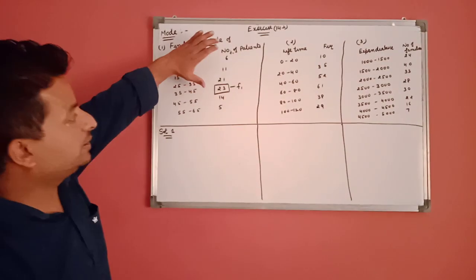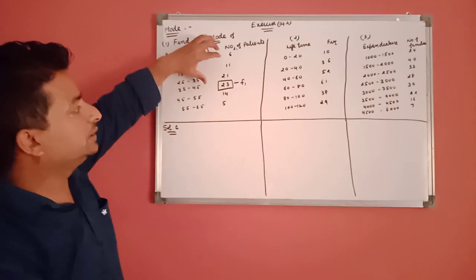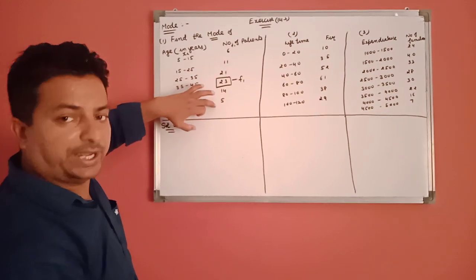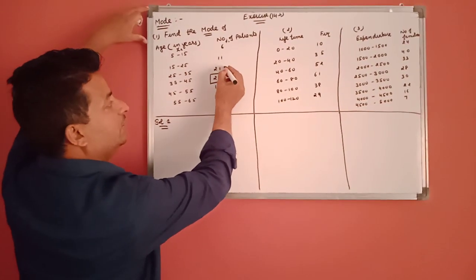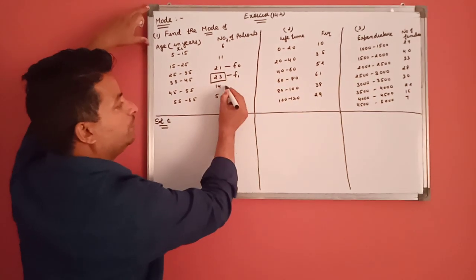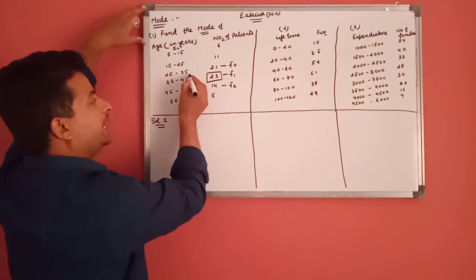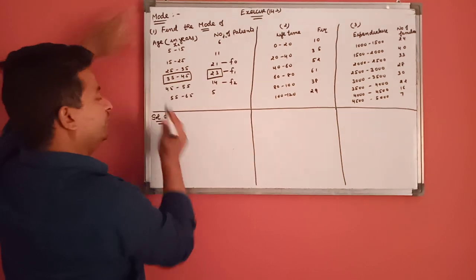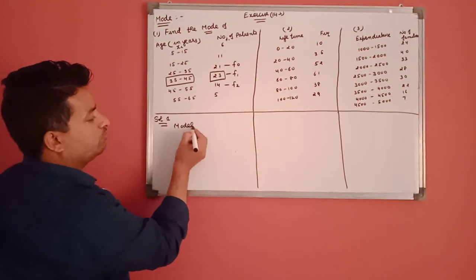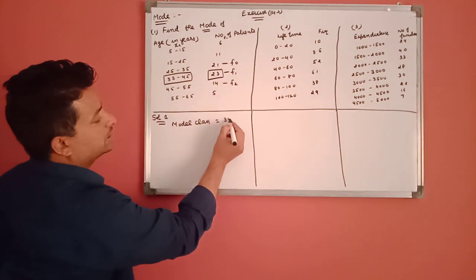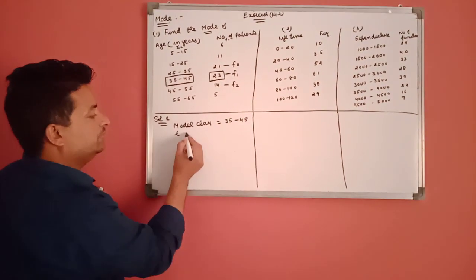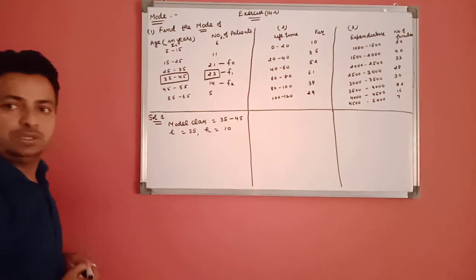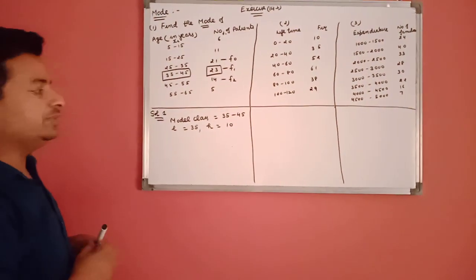We find the maximum among 6, 11, 21, 23, 14 and 5. Above this is f0, below this is f2, and this line is the modal class. The modal class is 35 to 45. This means the lower limit is 35 and the class size is 10, since 45 minus 35 equals 10.